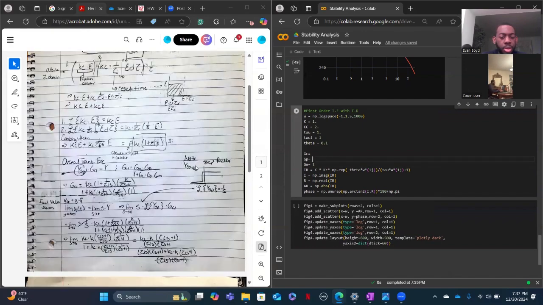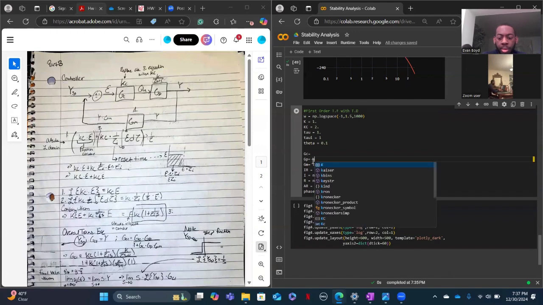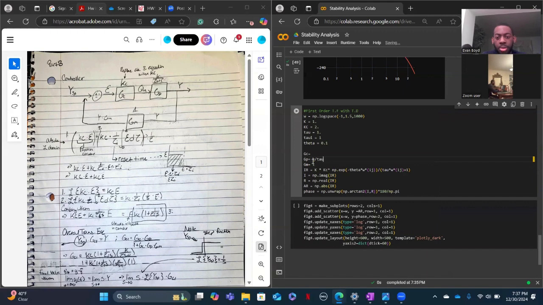Our GP for the process is equal to K over tau times omega times 1J, since this would not be in the Laplace domain but outside it. Use a capital K.